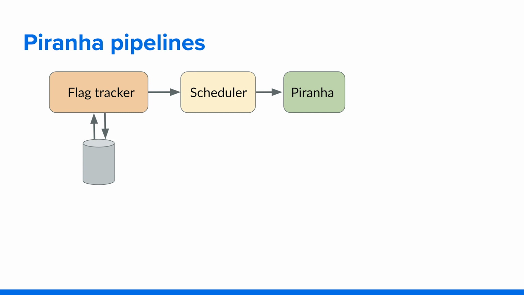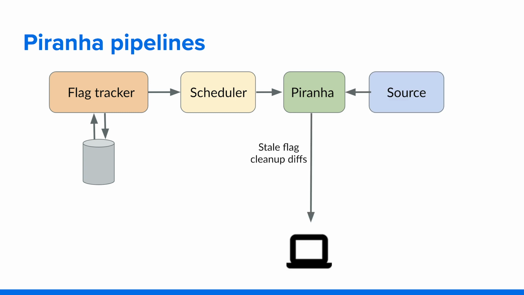Piranha takes this and the source code as input to generate cleanup diffs that are assigned to the author of the flag for review. The reviewer can approve the diff and land the changes as is. In some cases, they may perform further changes and then land the diff.